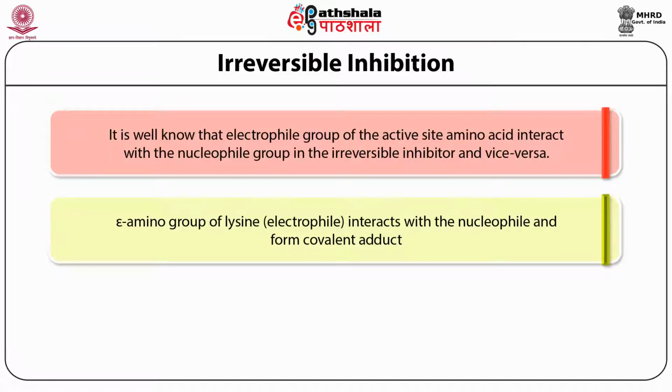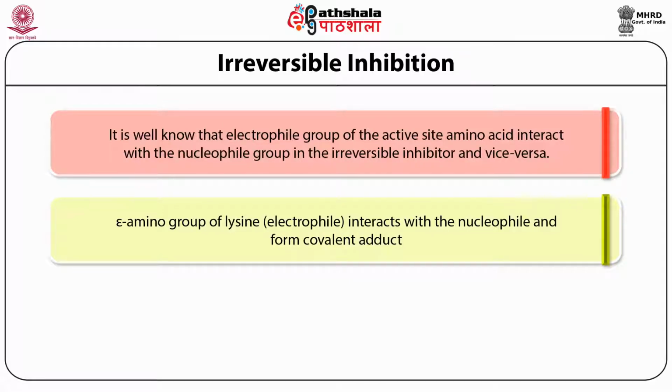So a nucleophile group must be present in the irreversible inhibitor when it is inhibiting an electrophile-containing active site, and vice versa. For example, if your active site has a nucleophile group, then your irreversible inhibitor must have electrophile groups.